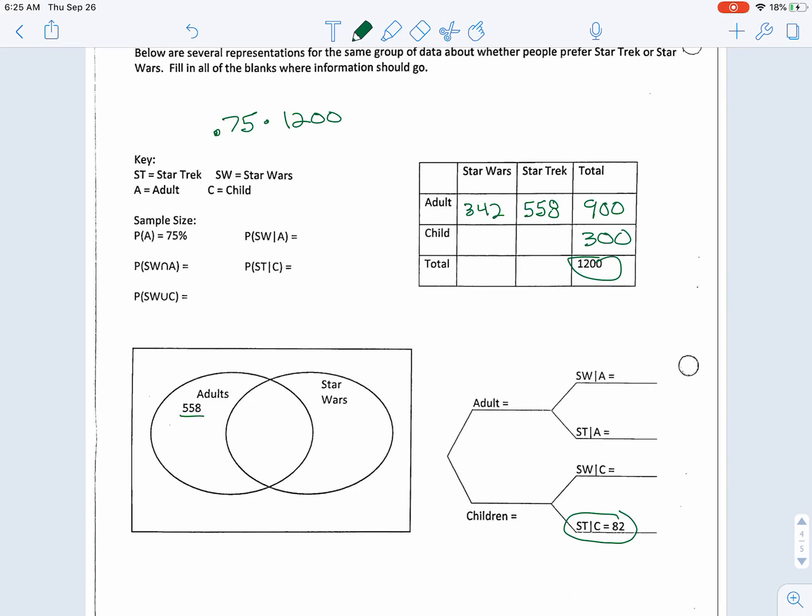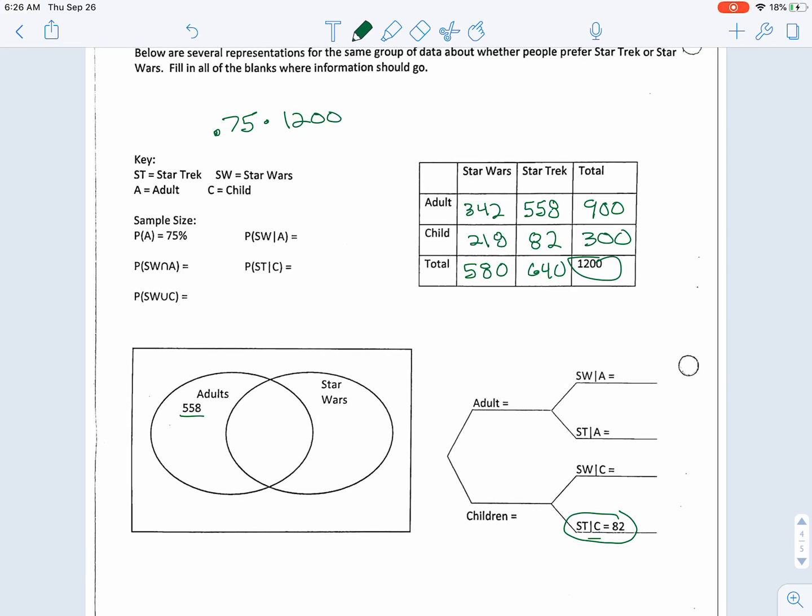That's 82. So children that like Star Trek is 82. Interesting. That one's got to add to 300. Now I've solved for all my mystery numbers. I'm going to add and add like that. Now I just get to go through and fill things in.